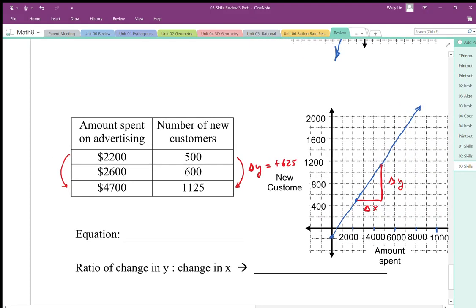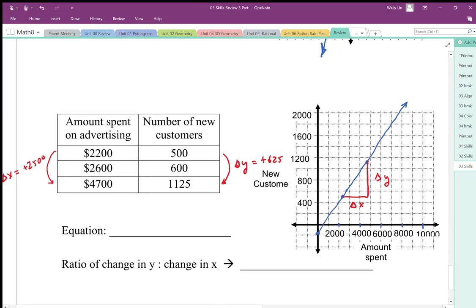And the change in x, a little triangle. That little triangle means change, and we went up $2,500 spent. And so the ratio of change in y to change in x is something we call slope.